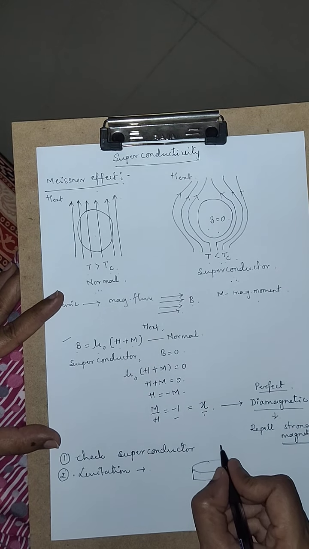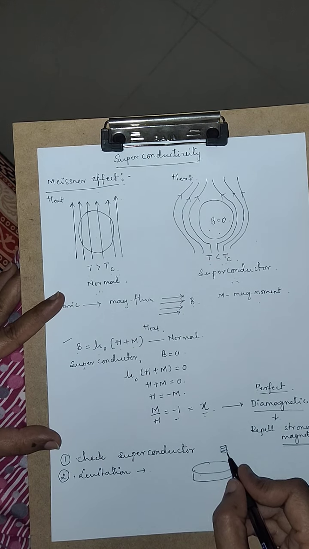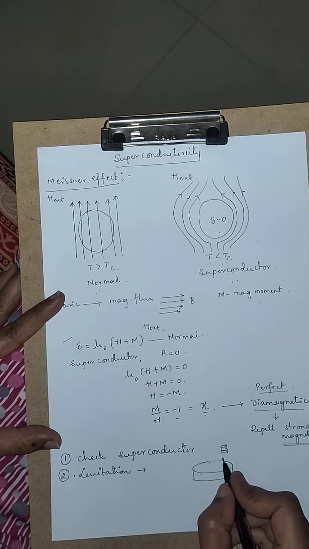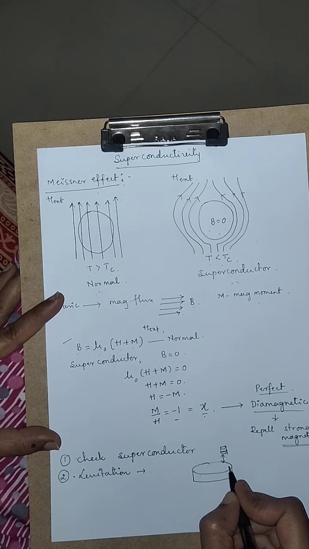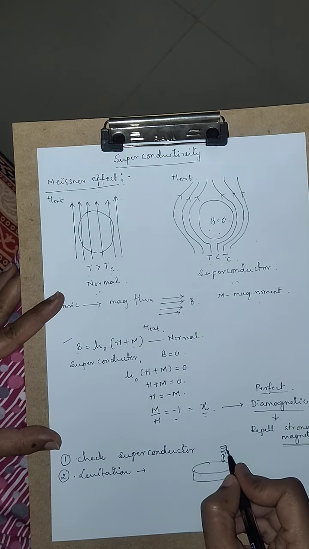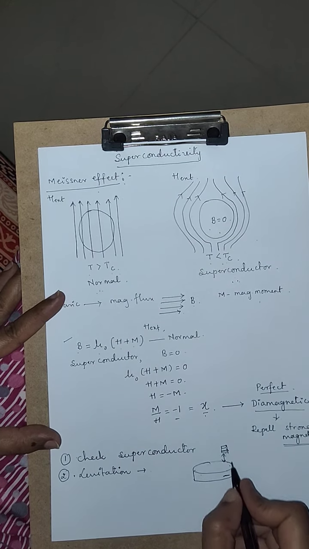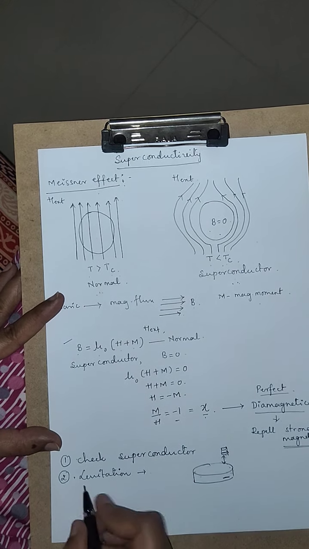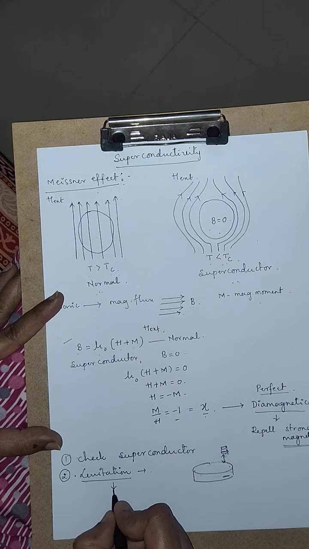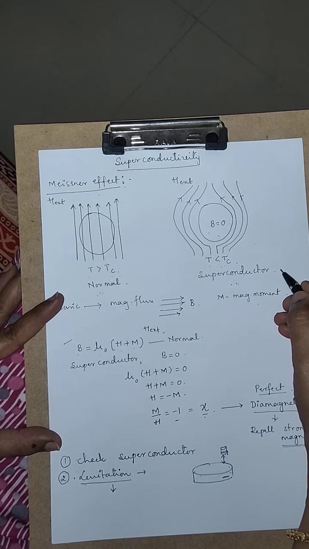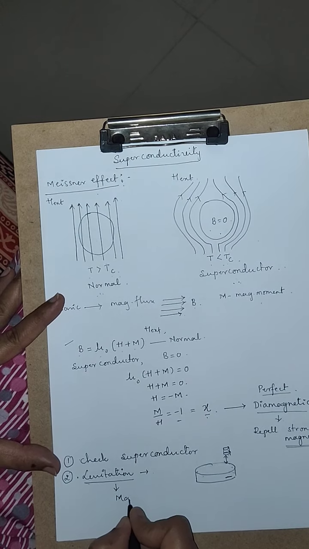If we bring a small superconducting material here, this material will repel the strong magnet, so that there is a certain gap of space between the two. So it is levitated, meaning lifted through a certain height, as it is repelled by the strong magnet. This process is known as magnetic levitation, and it gives superconducting materials an important application in maglev vehicles.